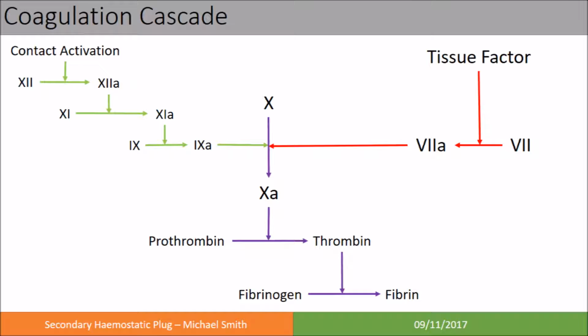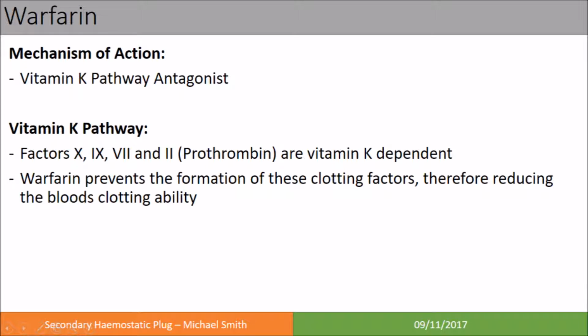Or you have the extrinsic pathway, where external damage leads to the release of tissue factor, which activates factor 7, which activates factor 10. You then finally have the common pathway, where your activated factor 10 activates your prothrombin to thrombin, and then your thrombin converts your fibrinogen to fibrin to give you your secondary haemostatic plug.